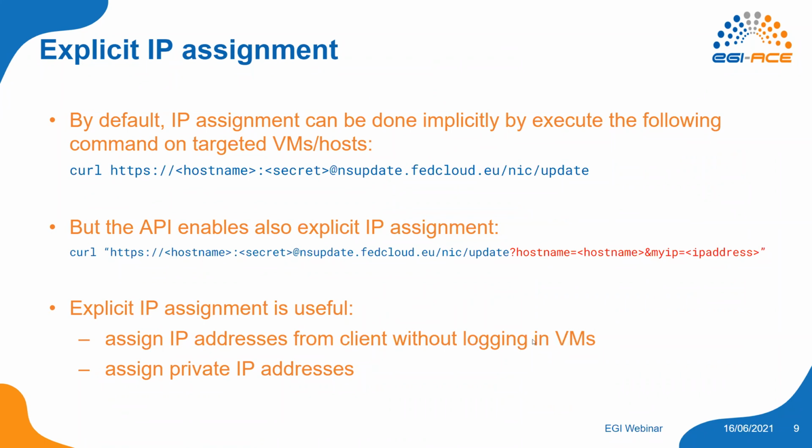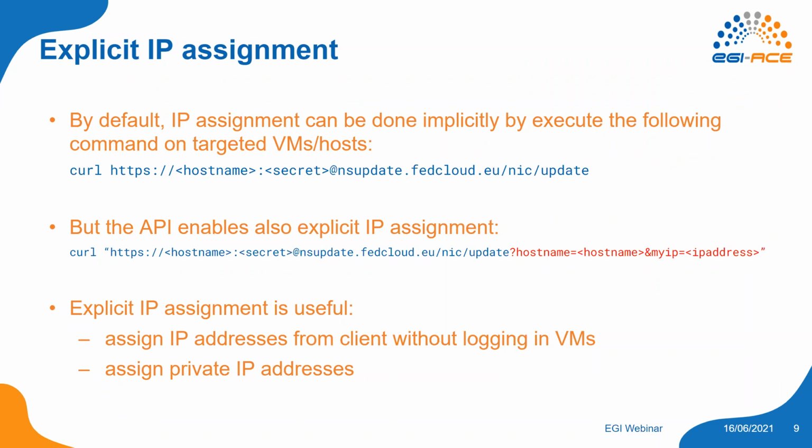And it can also be used to assign a private IP address to the hostname. It means that you have a virtual cluster in the cloud where only the master has a public IP address, but the worker nodes in the cluster have private IP addresses.